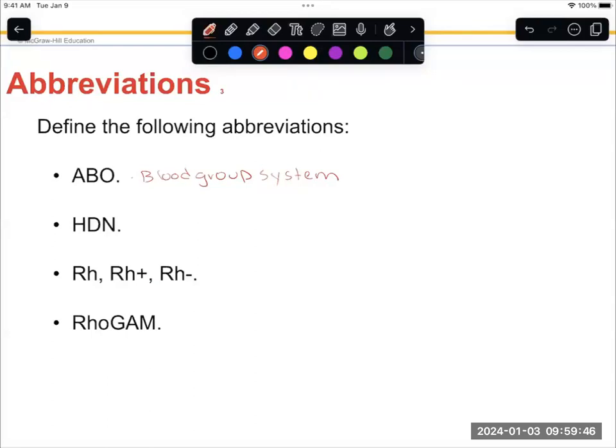HDN is that hemolytic disease of the newborn.